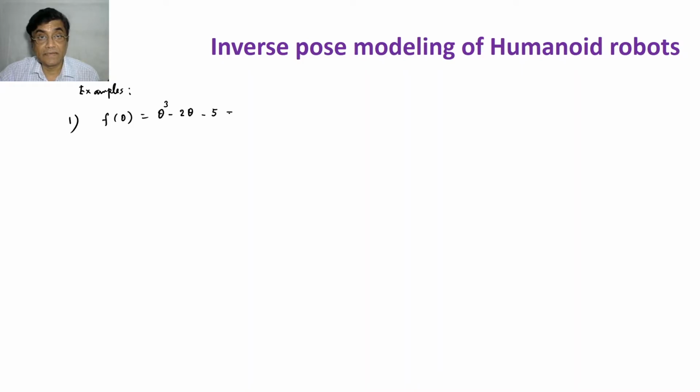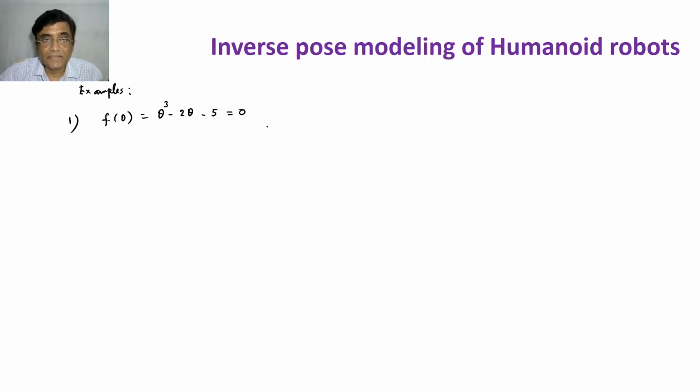So this function has to be made equal to 0. Then only you will be able to figure out some theta value which will make this function 0. That means theta is a solution to the equation f of theta equal to 0.